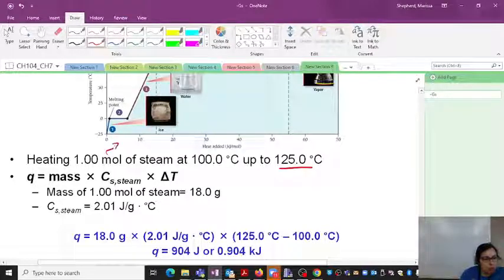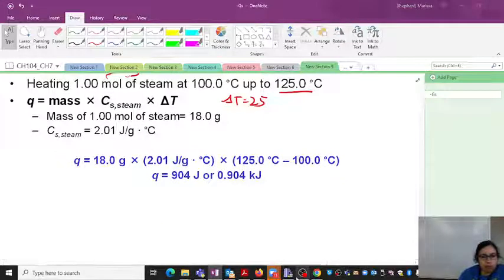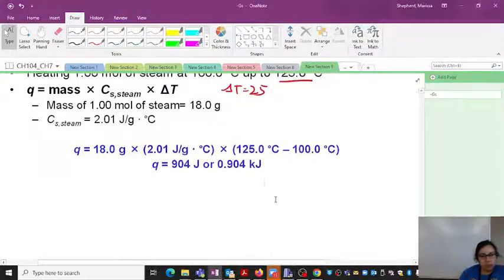Moles, we need in grams again, so 18. Our delta T is just 25 as we bring it to our final 125. And so we can see how they got their final value here. I'll just plug it in so we're on the same page. So 18 times 2.01 times 25. And so that gives us 905 joules, or converted to 0.904 kilojoules.